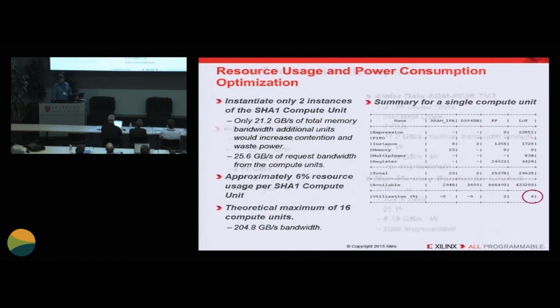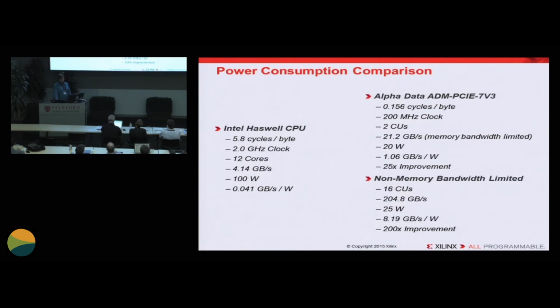Given that there are 16 compute units in the device, there would be 204 gigabytes per second of memory bandwidth required by the application. Yeah, no, I get that bit. It's just, as far as you can tell us, there isn't actually any way of getting 200 gigabytes a second into the FPGA, right? So this bottom right one might be theoretically interesting, but yes, it's an academically interesting thing. But no, it's not something we currently have.